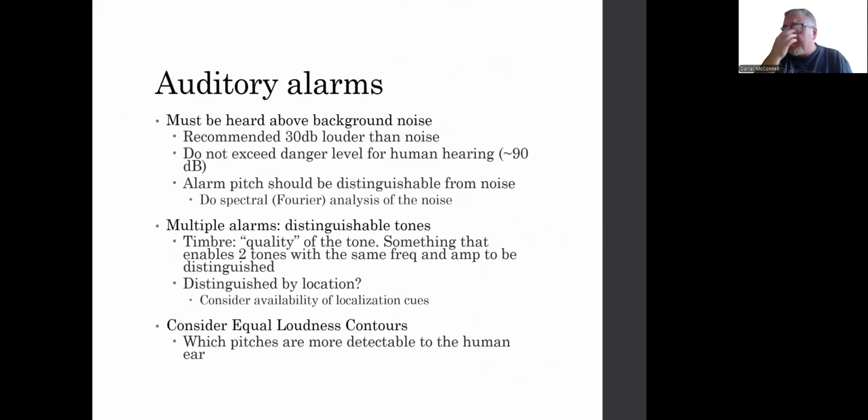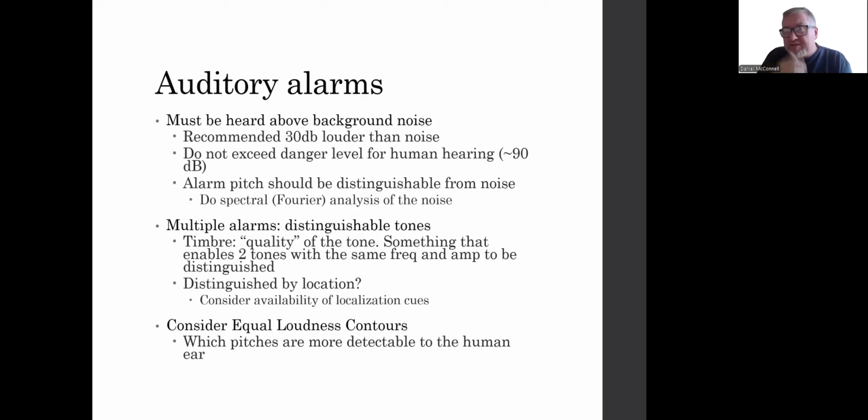So when talking about the practical uses of this information, we could say here that when we're designing an auditory alarm, that is, we're going to make buzzers and warning sirens and things in our environment, a good rule of thumb is to make it 30 decibels louder than the background noise, right?